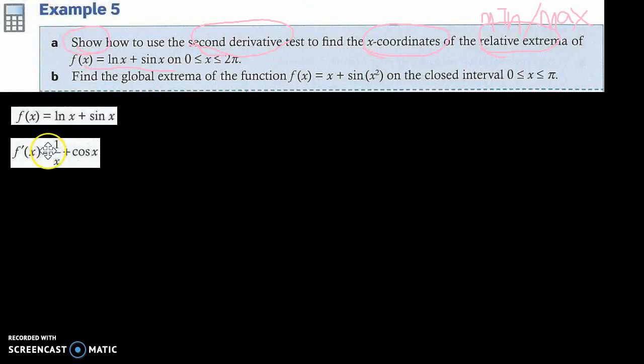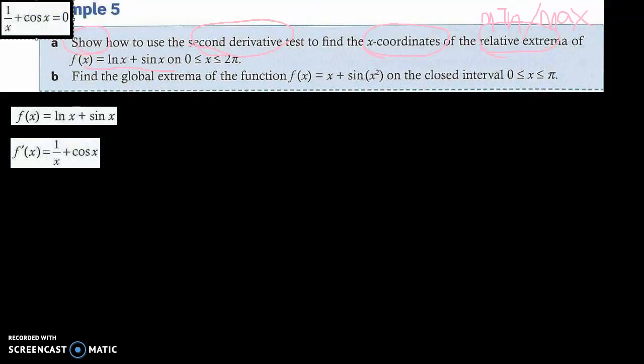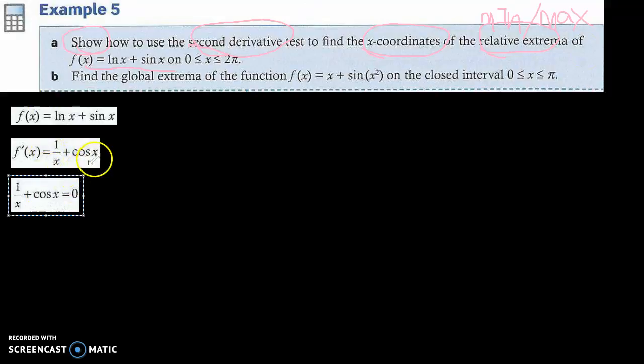And if I differentiate sine x, I will get cosine x. So this is my f prime. And since they're asking us to find the minimum and maximum point, I'll equate that expression to 0. Right? That's when my slope is equal to 0.